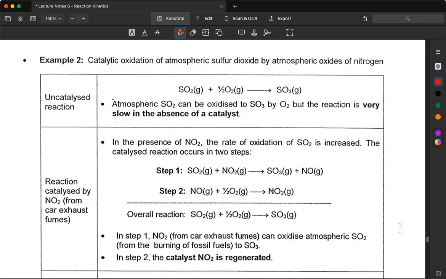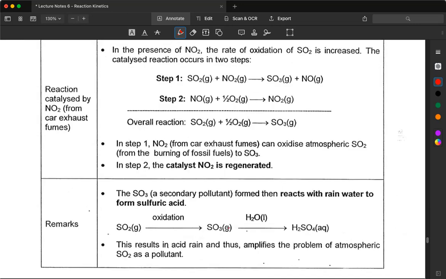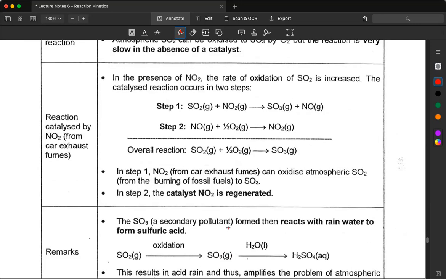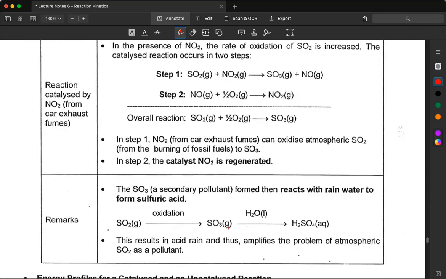If you combine these two together, you have SO2 becoming SO3. So you can successfully oxidize SO2 to SO3 and have the NO2 regenerated to continue to oxidize further SO2 very quickly, because it gets regenerated and goes on and on.